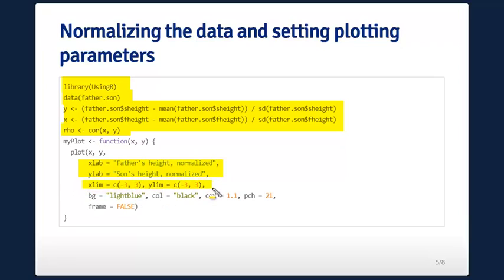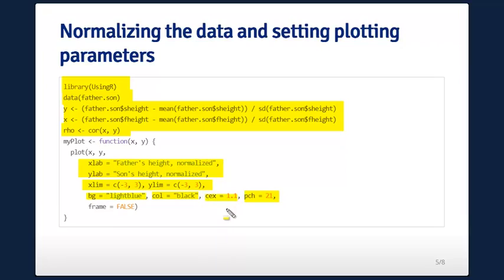I pick my range -3 to +3 because 3 standard deviations below and above the mean generally encompasses most of the data. BG equals light blue tells me that the background of the point I want to be light blue, and col equals black tells me that I want the outer outline to be black. PCH equals 21 just means I want a circle with a line around it.